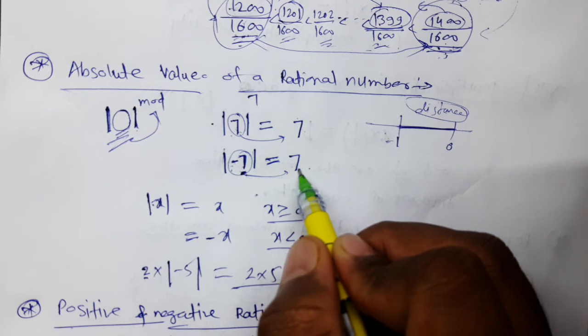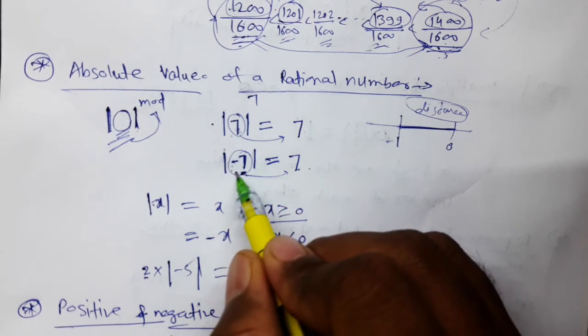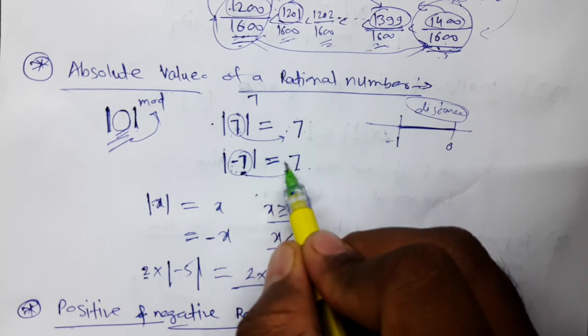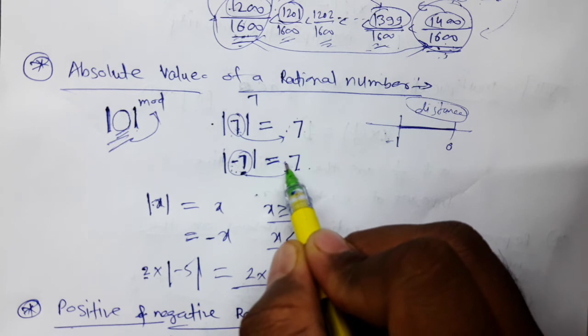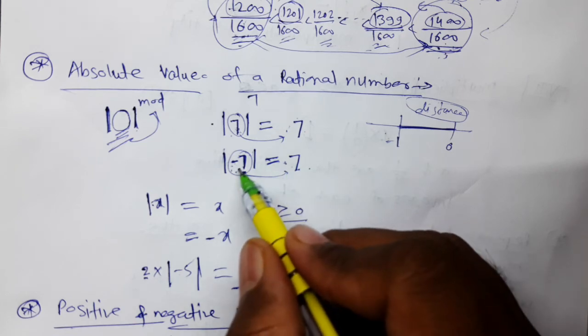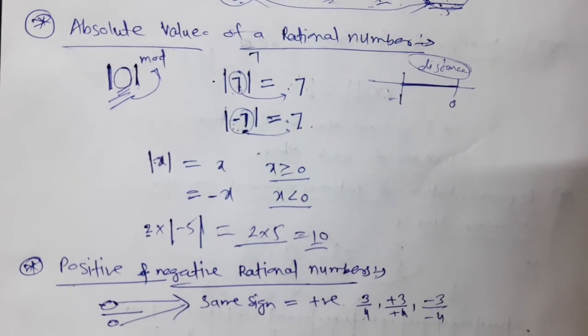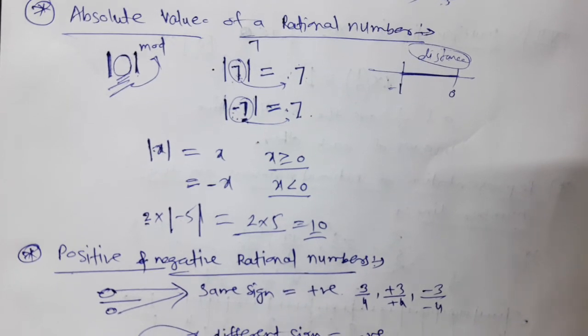Whatever the number, positive or negative, its absolute value is always positive. Absolute means we take only the positive count of that number, without its negative sign.